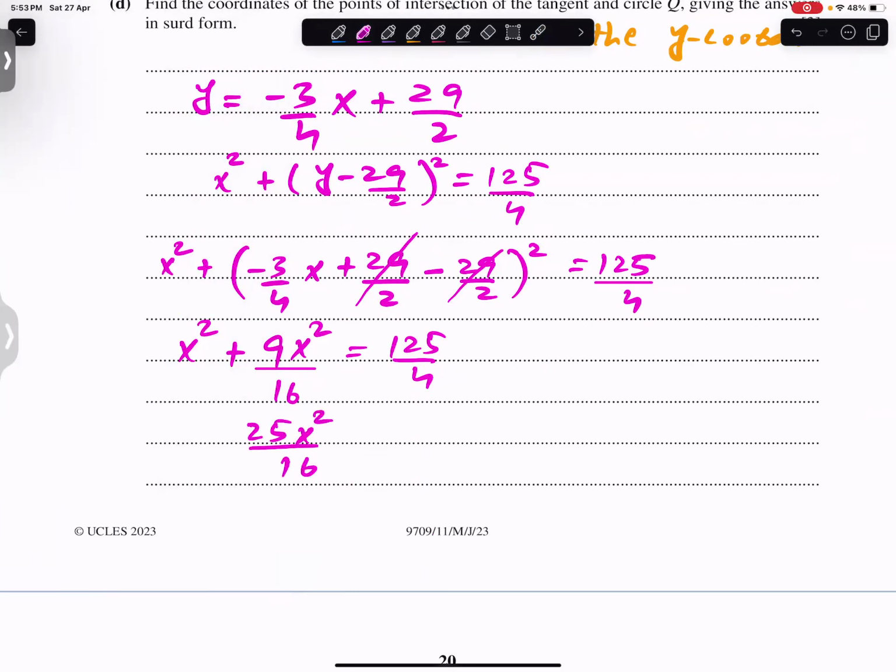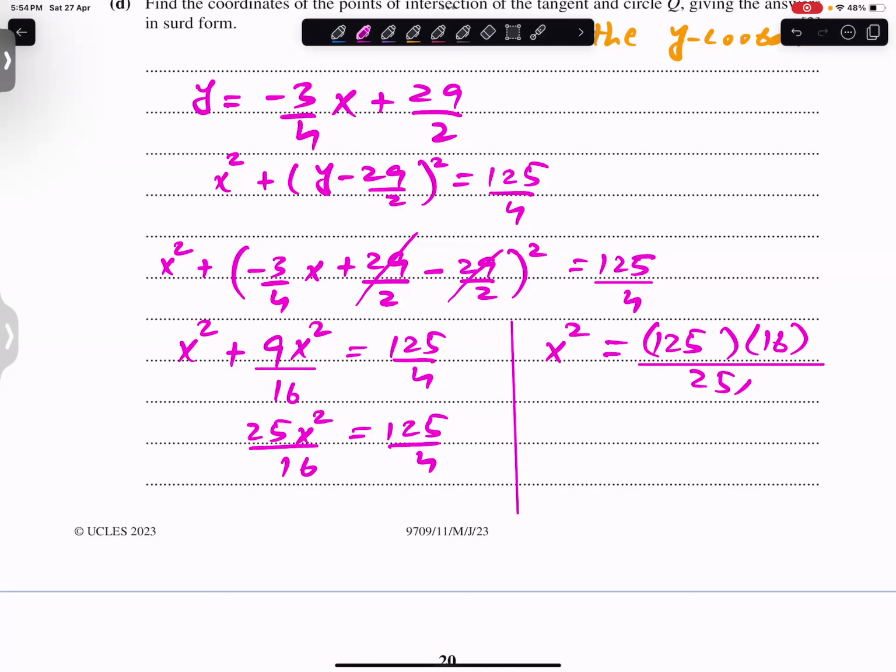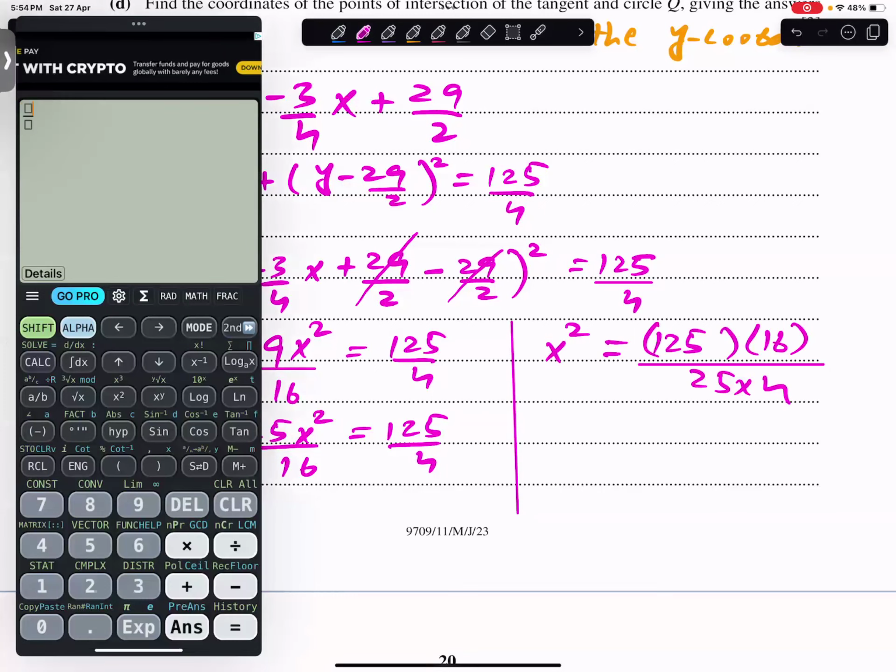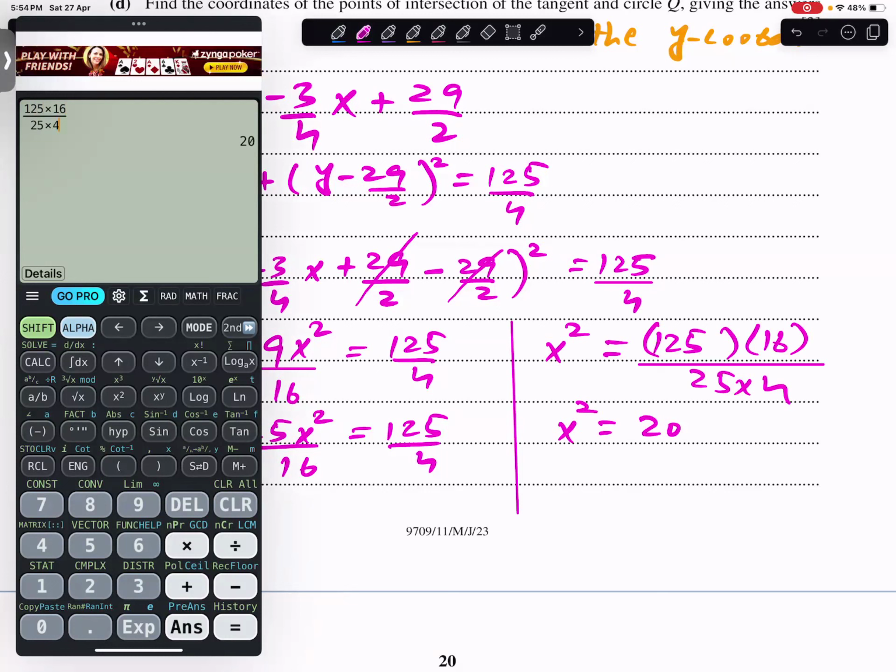So x² = 125 × 16 divided by 25 × 4, which is 20. So x will be plus or minus root 20.